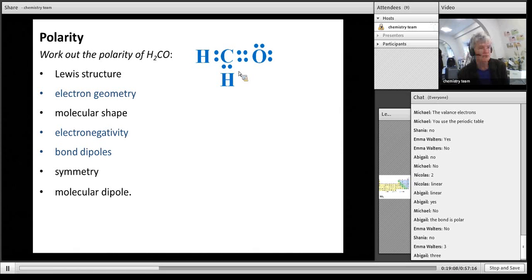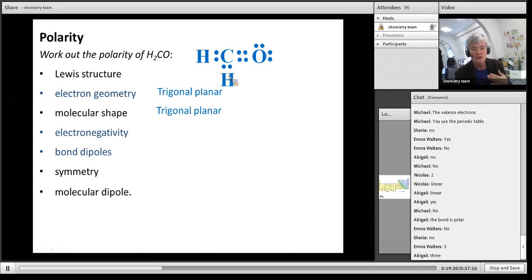Okay? I know for some of you it looks just so obvious that carbon must be the central atom, but spell it out. They always assume a teacher or examiner is really dumb and you've got to spell out every little thing. Okay, it's trigonal planar, and the molecular shape will also be trigonal planar because there are no lone pairs around the central atom.